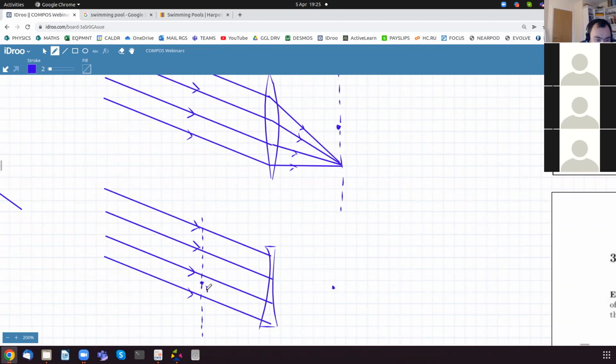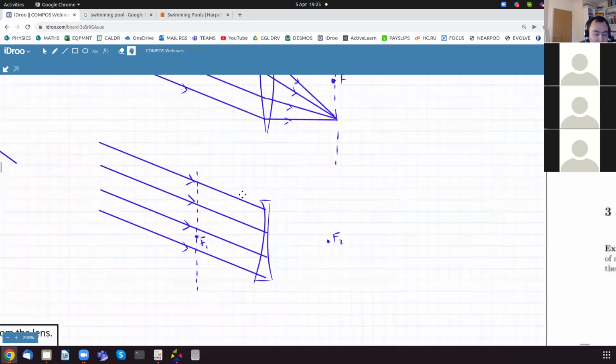This is the focal point F1, this is F2, this is F, and the rays look as if they're coming from somewhere here. The rays will be coming out this way.